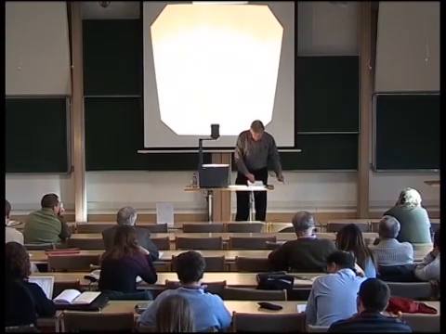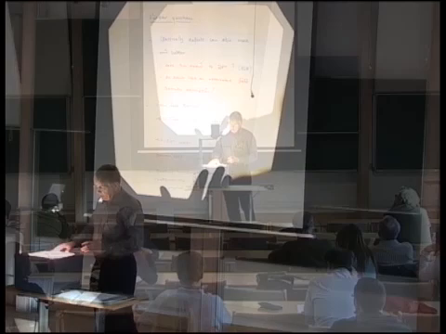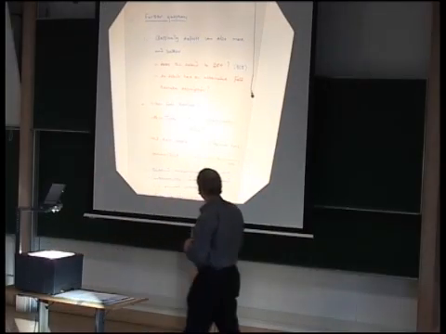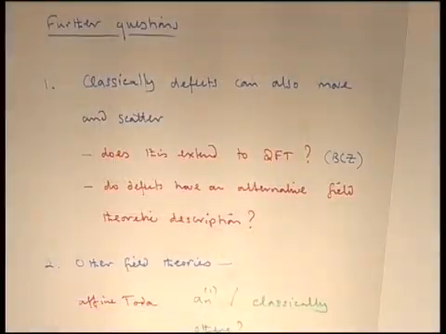Now, since I'm running out of time, let me just finish with some questions. As I mentioned at the beginning, we can actually make these defects themselves move and scatter.